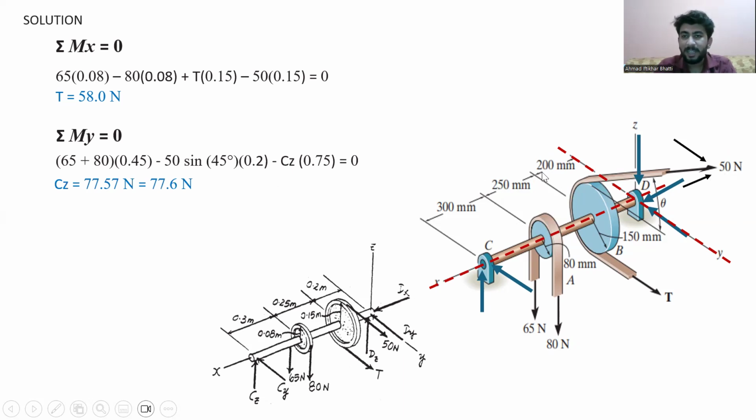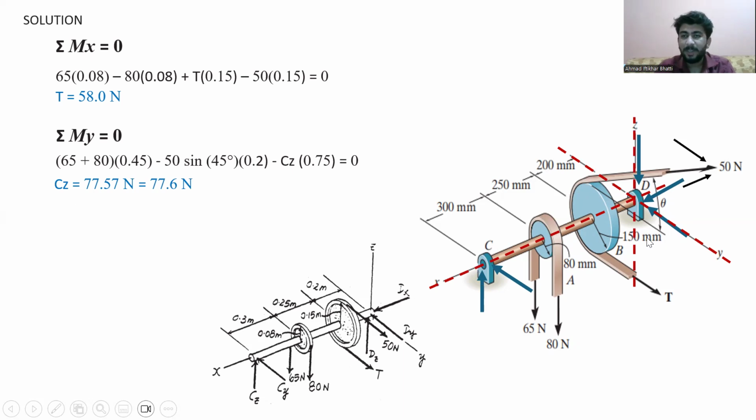It has a perpendicular distance of 0.2 meters. And in case of the CZ, which is the reaction force, we have a perpendicular distance of 0.75 meters, and it is also moving in the clockwise direction, so it is negative. So we get the reaction force at the bearing C in the Z direction, which is about 77.6 Newtons.